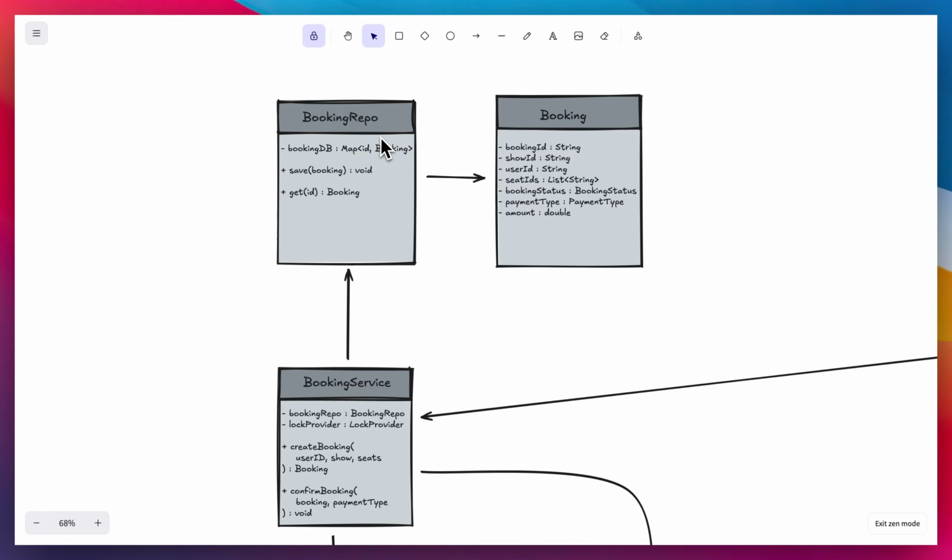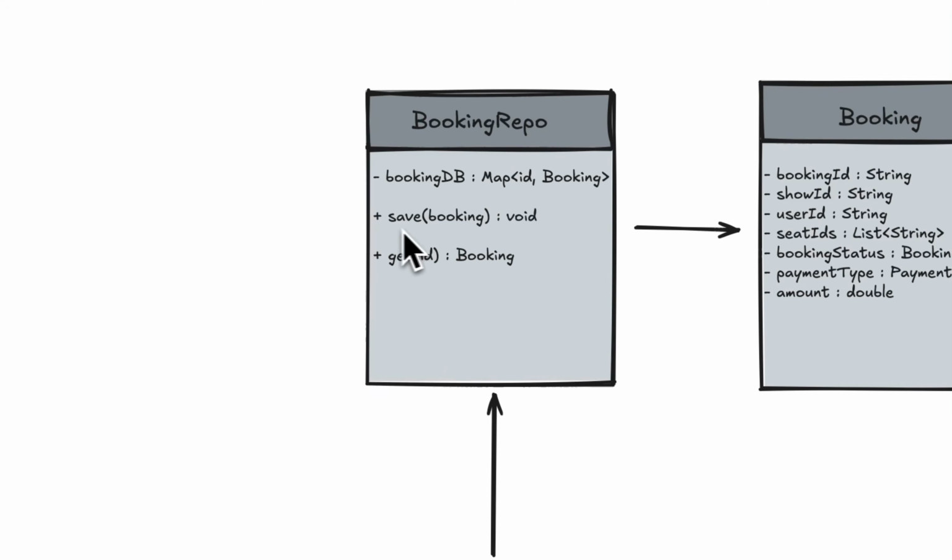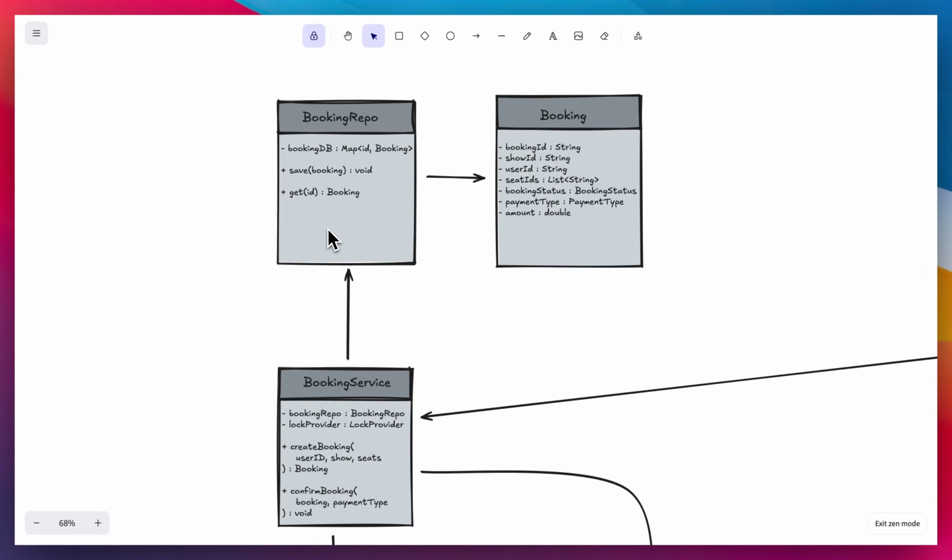If you are not aware of the repository layer, then let me explain this very briefly. The repository is basically a class where you would be having the CRUD operations, as in saving the booking, getting the booking, deleting the booking, or updating the booking. All these CRUD operations would be performed on some database, right? In the LLD, you won't be having the actual database.